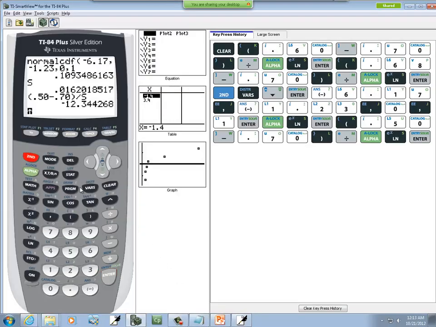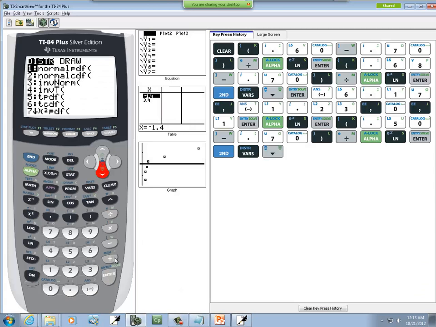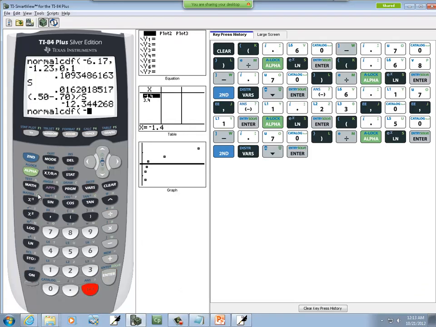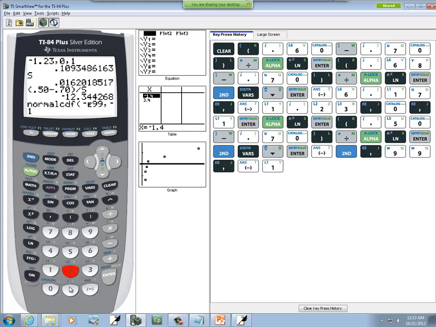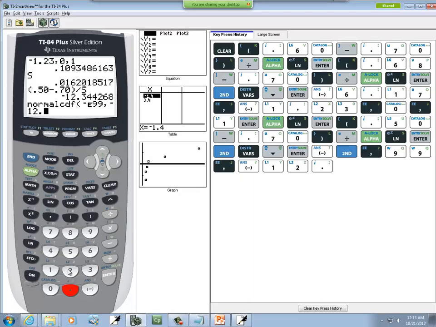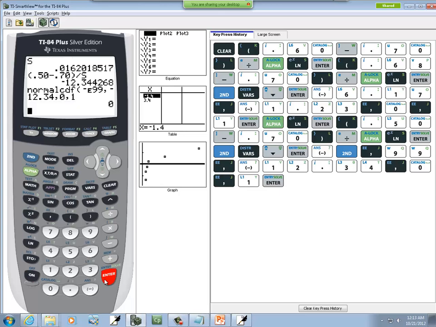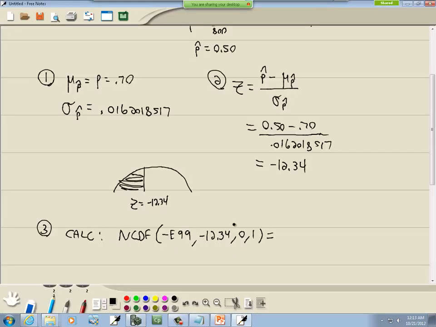So I do second vars, normal CDF, negative E99, comma, negative 12.34, comma 0, comma 1. Enter. 0. So would it be unusual? Yes.